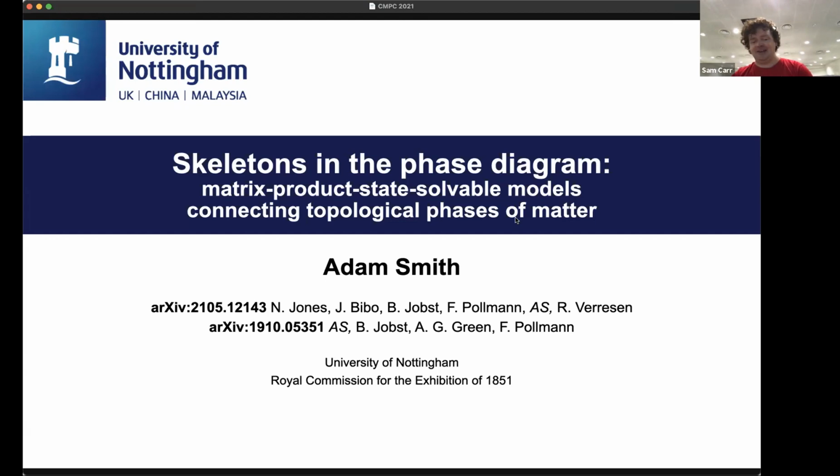He works on the interface between quantum computing and quantum materials, doing all the sexy stuff like information, topological systems, quantum simulation and stuff. And today he's going to tell us about skeletons in the phase diagram, matrix product state solvable models connecting topological phases of matter. So without further ado, please begin, Adam.